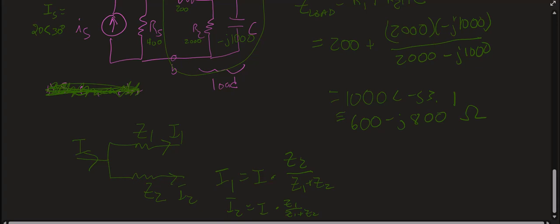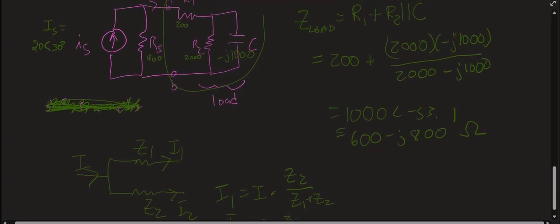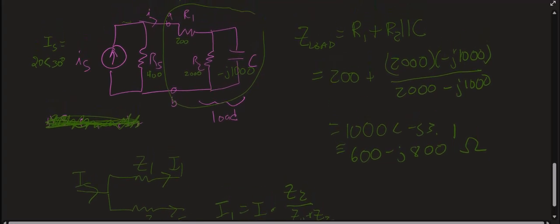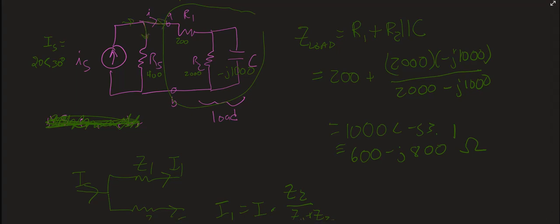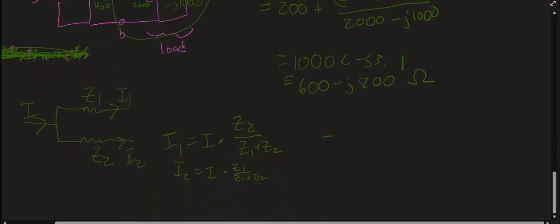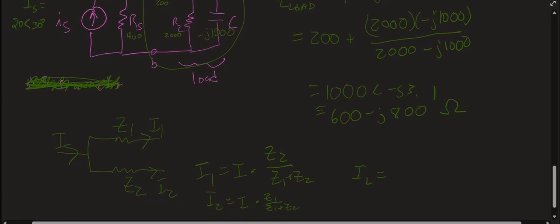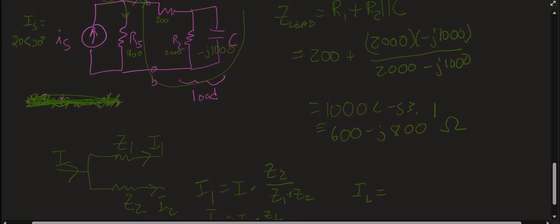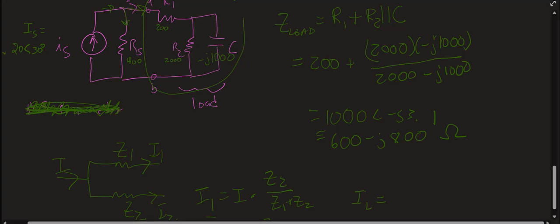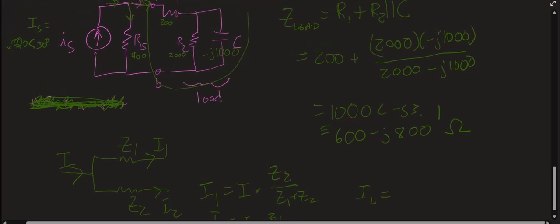So if I want to get the current through the load, so I now have the current coming this way, and it can go through RS or it could go this way. So the current through the load will equal my total current. Now, I'm keeping in mind that this is 0.02 and not RMS.